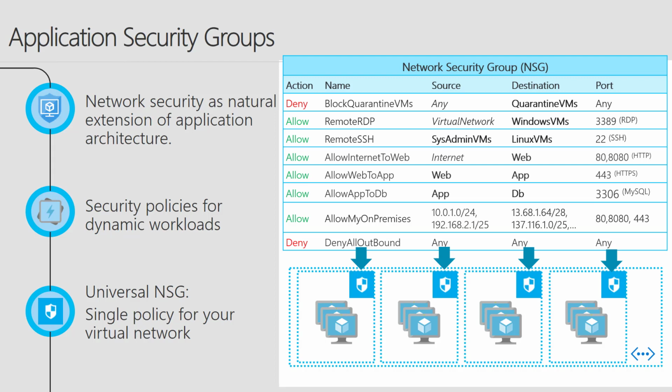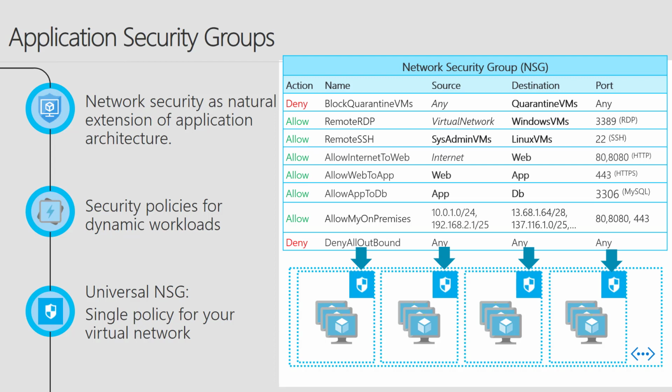Think of an application security group as giving us the ability to group our virtual machines together based on the workload they're running. So we're no longer limited to specifying IP-to-IP communication, saying this IP address can talk to that IP address, because IP addresses can change all the time depending on how you've deployed your workloads in Azure.